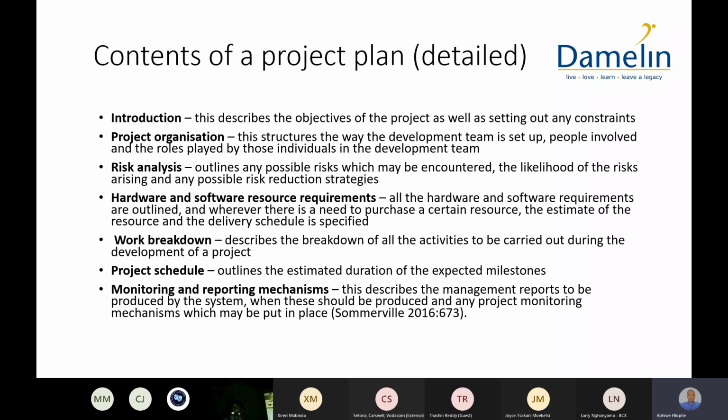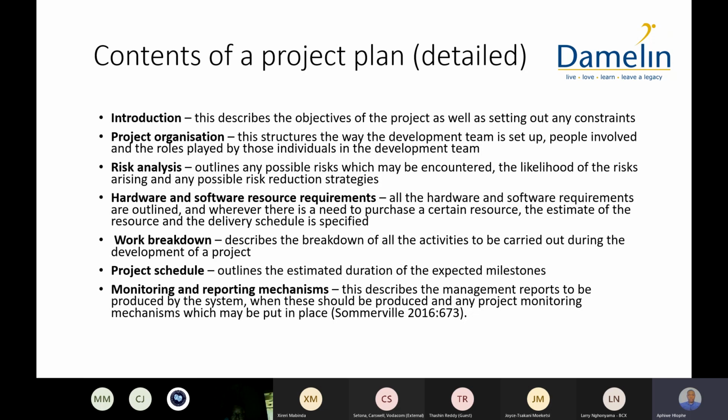Hardware and software requirements. What hardware is required? What hardware must we outsource? Okay, what software must we outsource? Those are all part of your estimation. Okay, cost estimation of developing the project. Then the work breakdown. We use several tools, and the work breakdown structure is one of them, to say these are the main deliverables and these are the sub activities per deliverable.